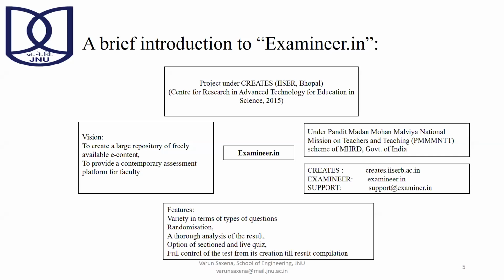Suppose you want to ensure that a student is integrating some function over a limit. For example, a function like ax plus b, which you're integrating from limit c to d, where c is the lower limit and d is the upper limit. You can provide some ranges to a, b, c, and d. And when you give the question to students, every student is going to get a different numeral as a, as b, as c, and d.